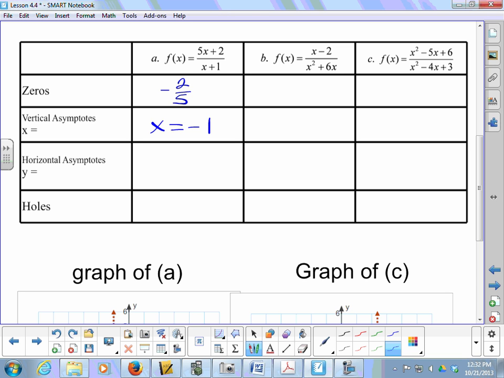If I take those two things and simplify, what do I get? So the horizontal asymptote is y equals 5. So horizontal line. Now, are there any holes here? Do they have a common factor in the numerator and denominator? No, so there's no holes.